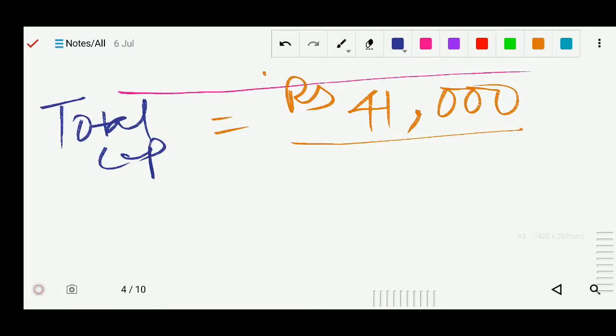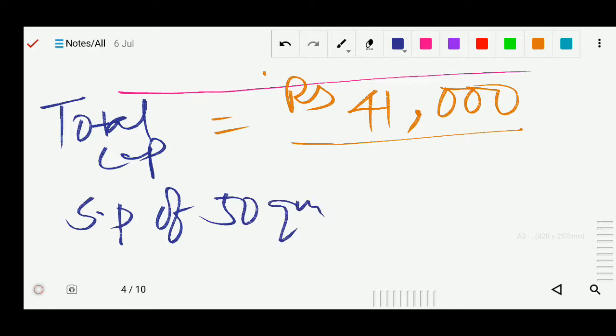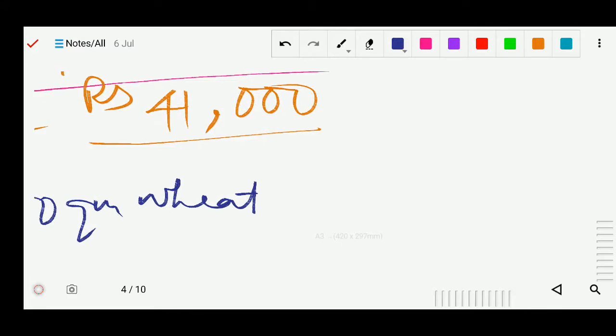Next, in the question they are saying that he sold it, so the selling price of 50 quintal wheat: he sold 50 quintal at rupees 750 per quintal.